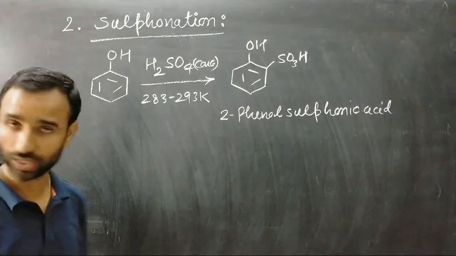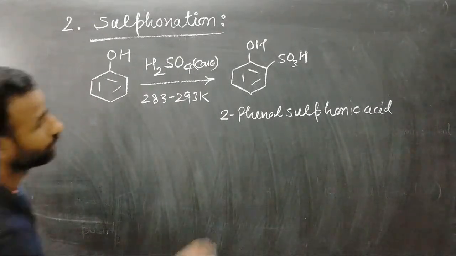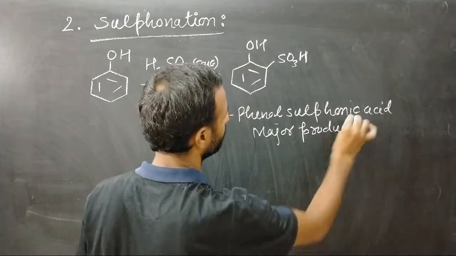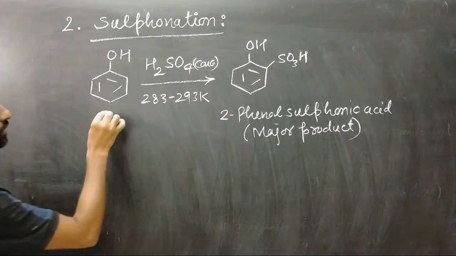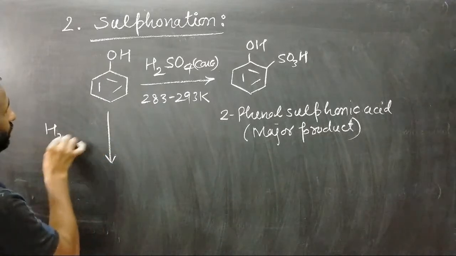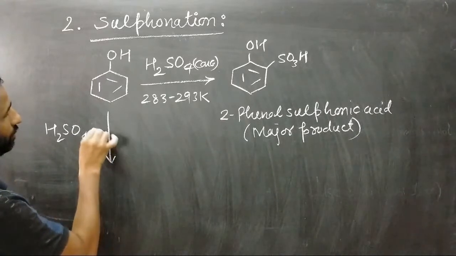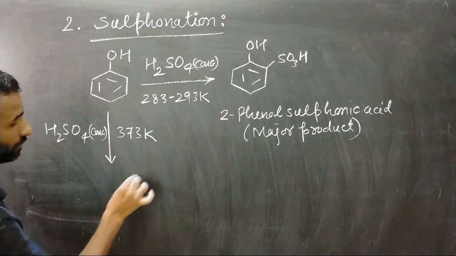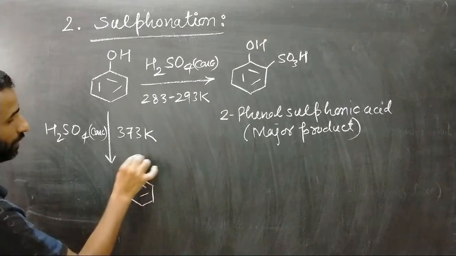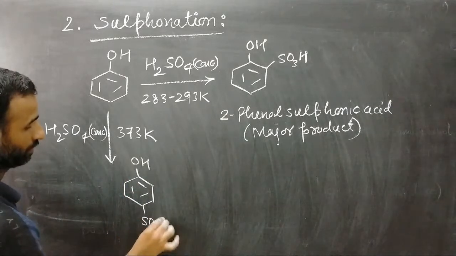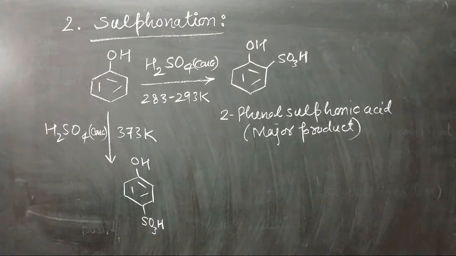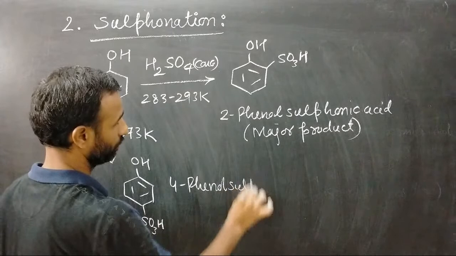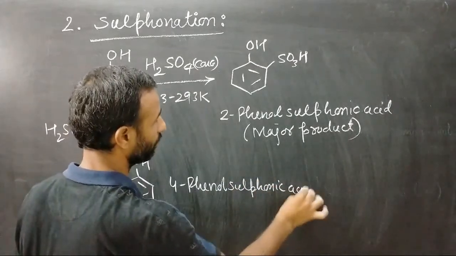At low temperature this is the major product, but if temperature is high, means at 373 Kelvin, sulfonation with concentrated H2SO4 at high temperature, then we get 4-phenol sulfonic acid as the major product.